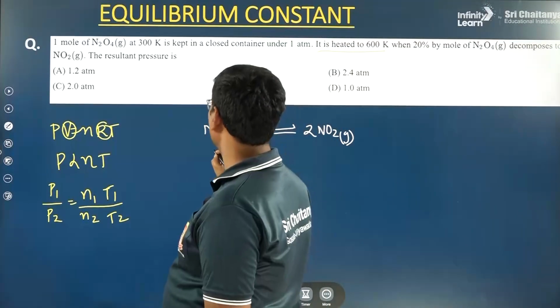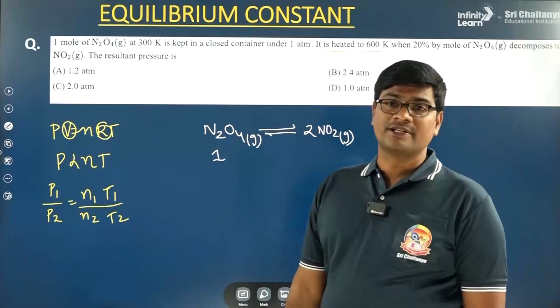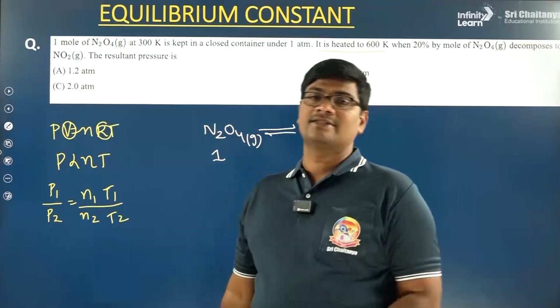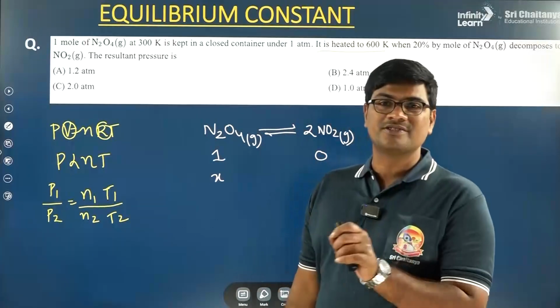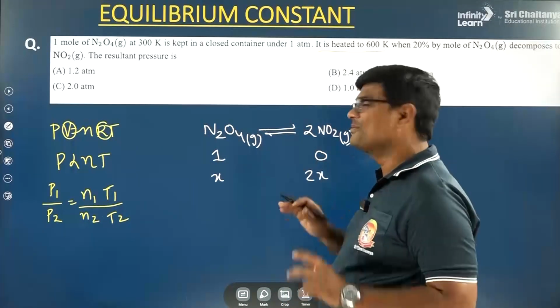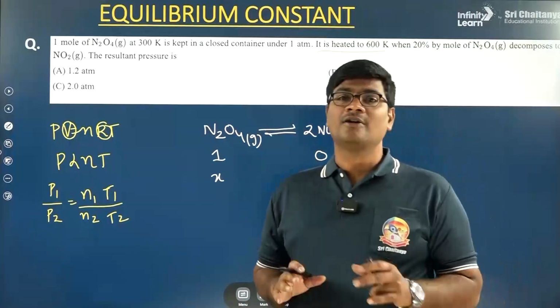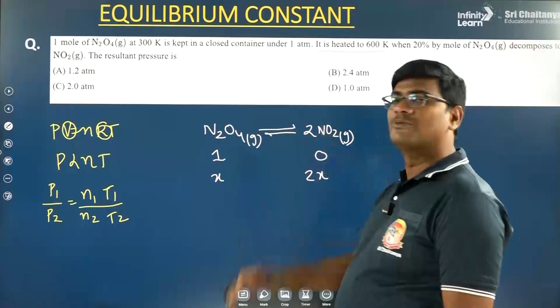Let us take initially 1 mole. 1 mole is taken, and the number of moles of NO2 is 0. Now let us assume that x moles is dissociated. Then what is the produced moles as per the stoichiometry? 2x moles. If x moles is dissociated, 2x moles is produced, because 1 mole of N2O4 gives 2 moles of NO2.